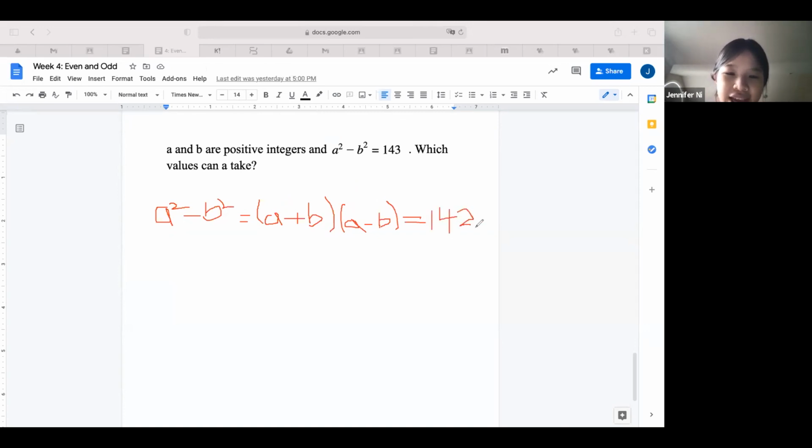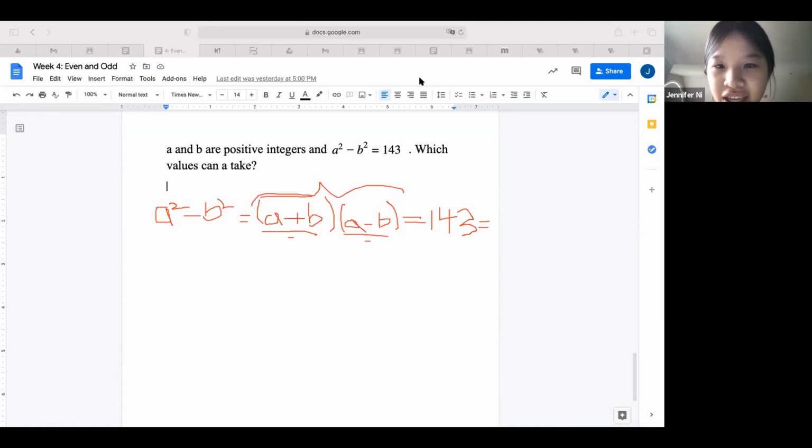Now, since a and b are positive integers, that means that a plus b also has to be a positive integer. And also, a minus b has to be an integer. And so actually a positive integer, since the product should be of two positive integers.